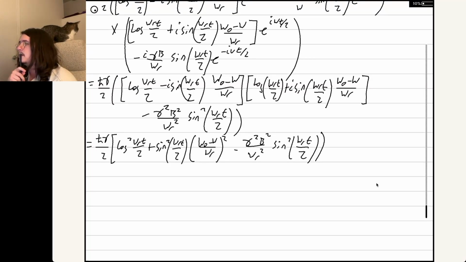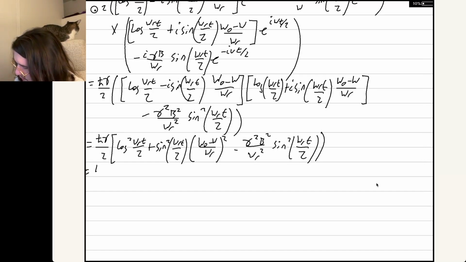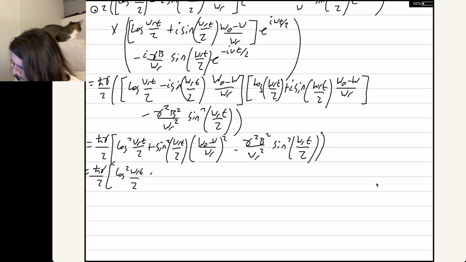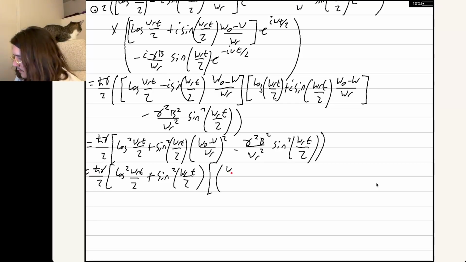We can simplify that, pulling together the sine functions. I'm not going to do anything too crazy here. I'm just going to say plus sine squared omega_r t over 2 times this, which is going to be omega naught minus omega over omega_r squared minus gamma squared b squared over omega_r squared.